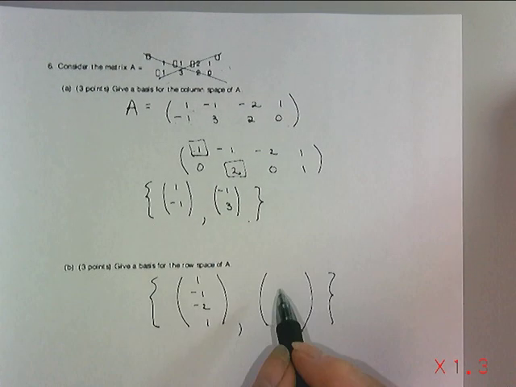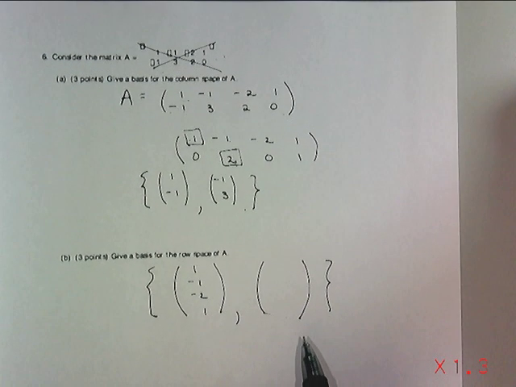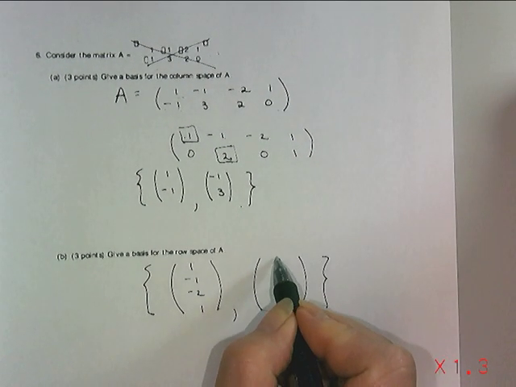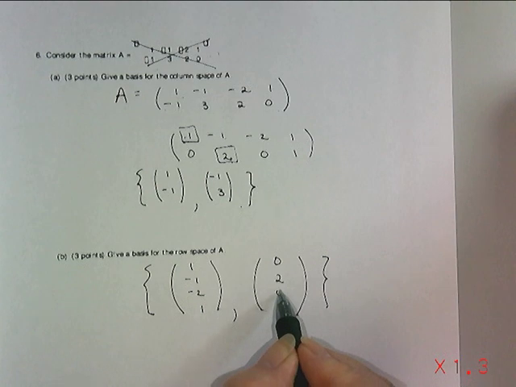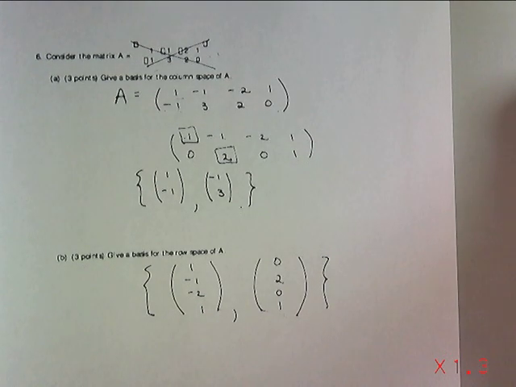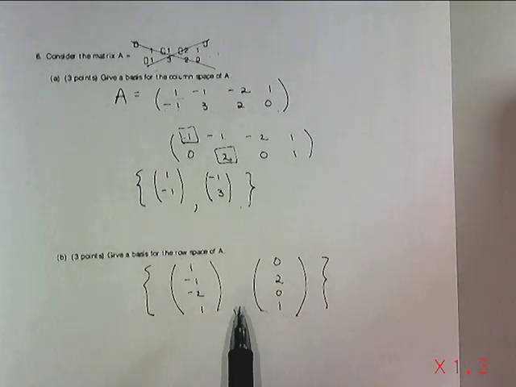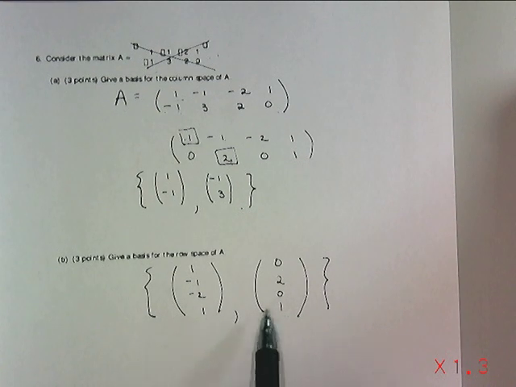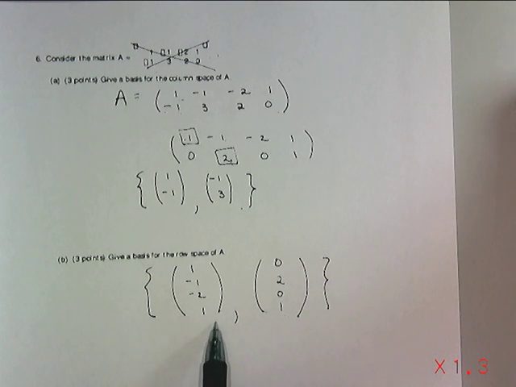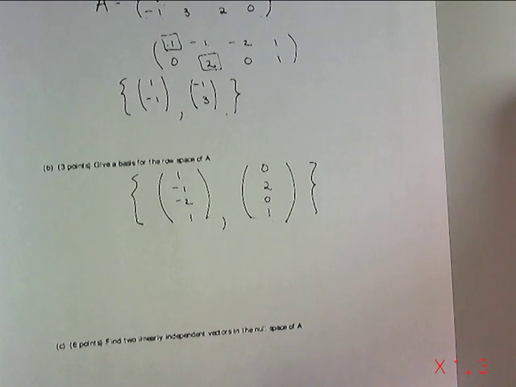And the second vector will be the vector 0, 2, 0, 1. And again, these are not unique. Linear combinations of these could also be a basis for the row space, but this is a mechanism to give us a basis.